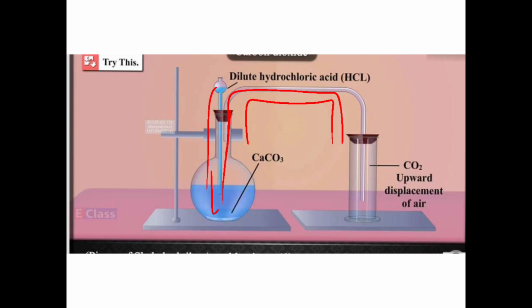These are the 2 main parts you are going to keep in mind while drawing this diagram. Okay, so now the reaction will start between CaCO3 and HCl, and what you will see is that carbon dioxide gas is formed as a result of the reaction between calcium carbonate and HCl.